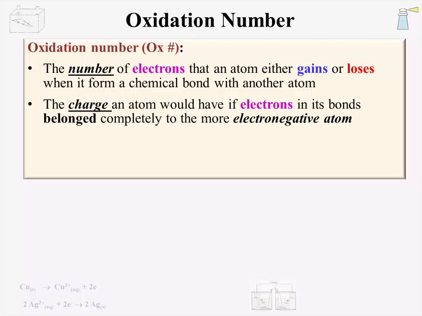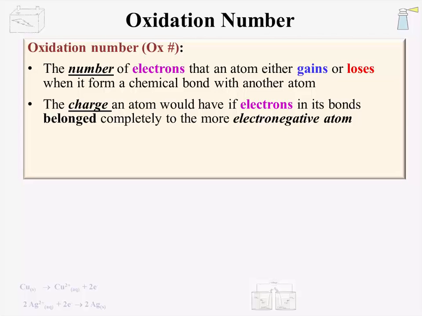It is also defined as the charge an atom would have if electrons in its bonds belong completely to the more electronegative atom. Of course, that doesn't really happen. Neither of these definitions are particularly satisfying, but we are more interested in its application than its origin.